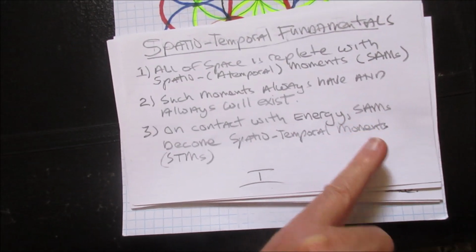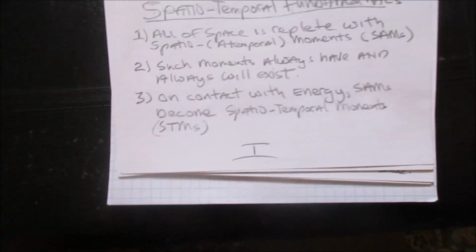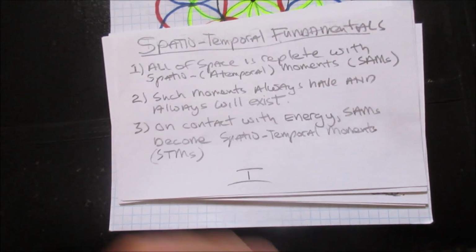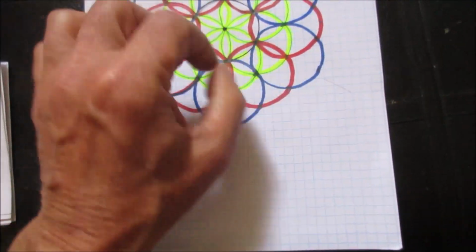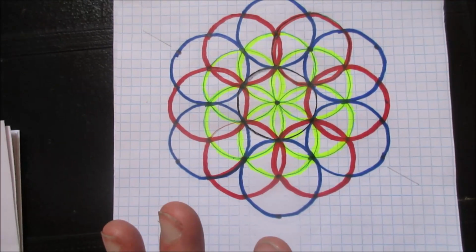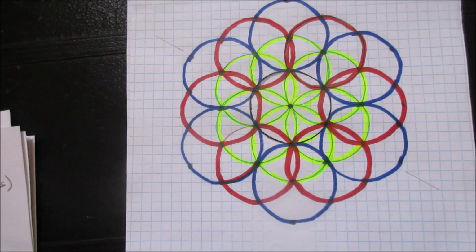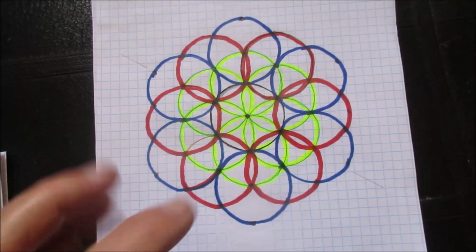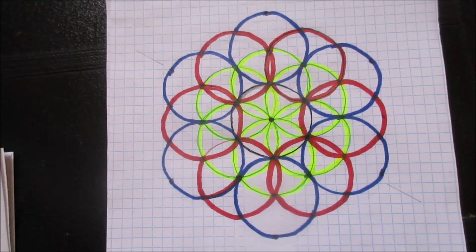SAMs, spatio-atemporal moments, become spatio-temporal moments, STMs. And the way that works is they begin to oscillate, individually and collectively as a group. And that oscillation is instantly transmitted to other STM efflorescences in the form of what scientists call a photon.